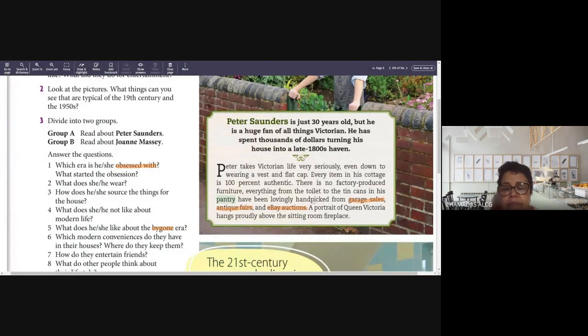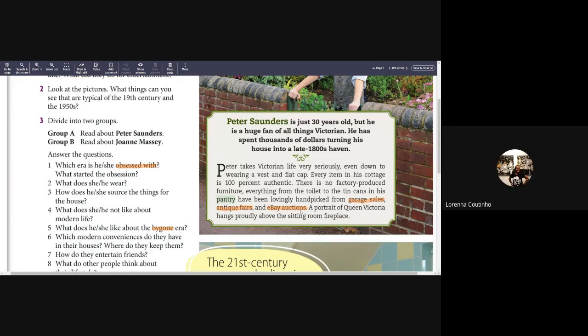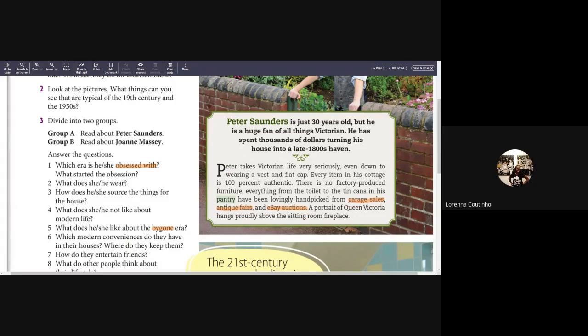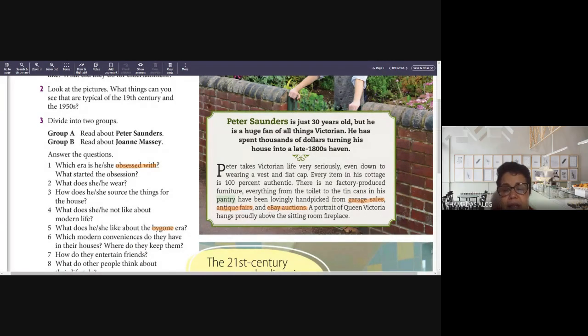Okay. Antique fair. Do you understand this? Feira de antiquário. Yes. Old things, right? eBay auction. Do you know what an auction is? Website? eBay is a site, yes, but what do you understand by auction?